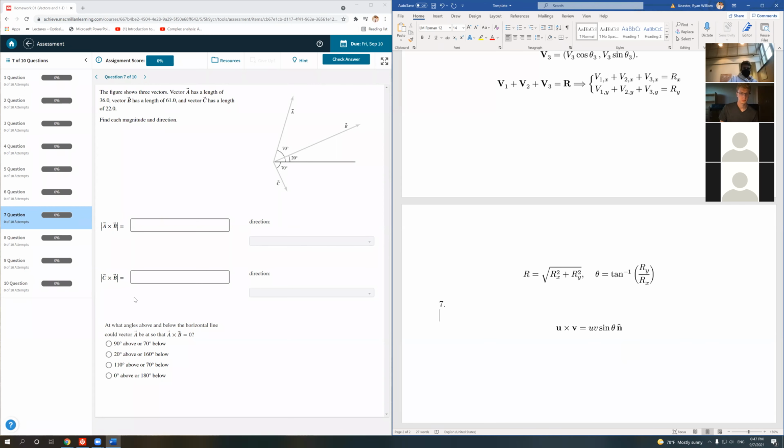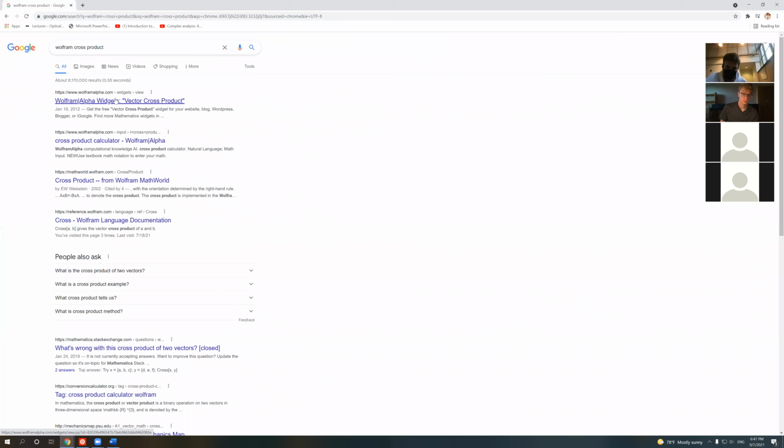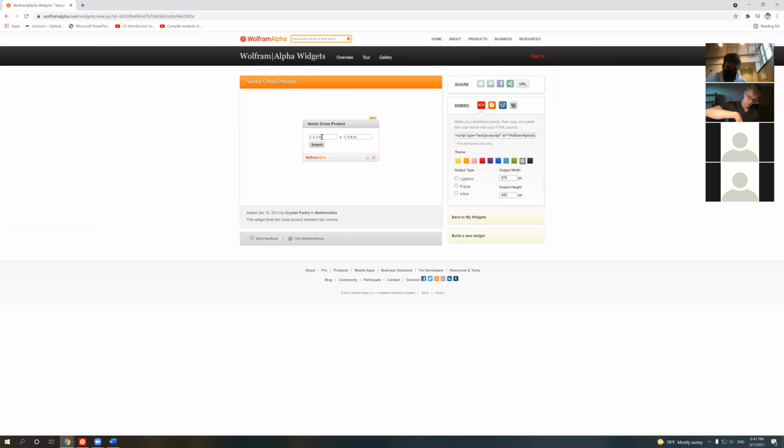You could find a widget like the Wolfram Alpha widgets. This one will calculate cross products for you in the blink of an eye, so this might be a useful thing to have.